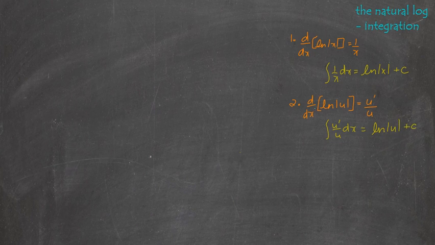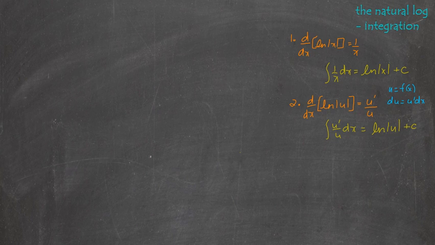So remember, this second case rule applied whenever we did a substitution where we let u equal some function of x. Well, then du equals u prime, which is a function of x, dx. So here, where we're looking at u prime dx, this is actually my du substitution.